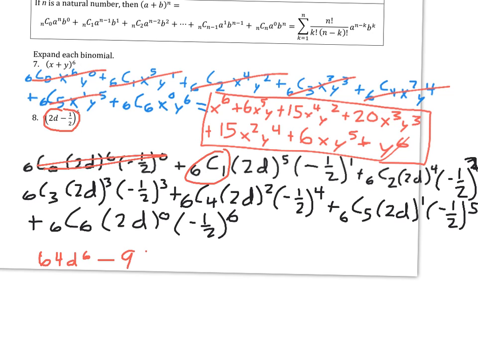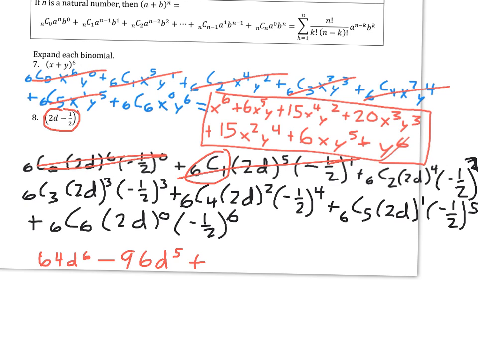We have minus 96 d to the 5th. And there is no other letter, so we won't have a second variable that's going up by 1. Okay, next term has to be positive. Let me cross this out because I already did that.